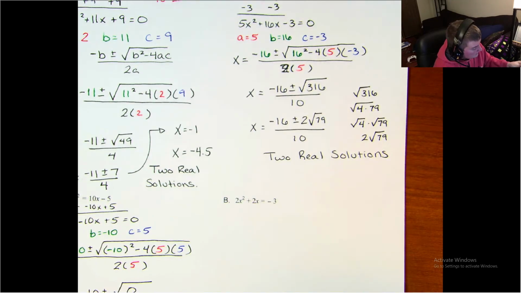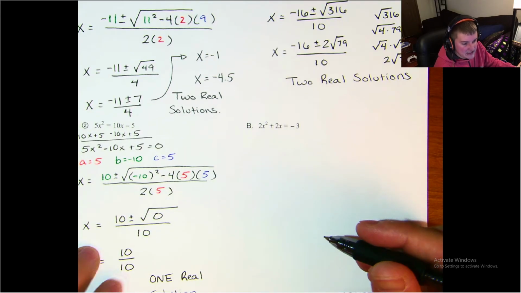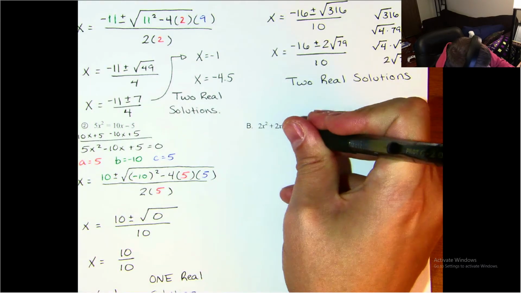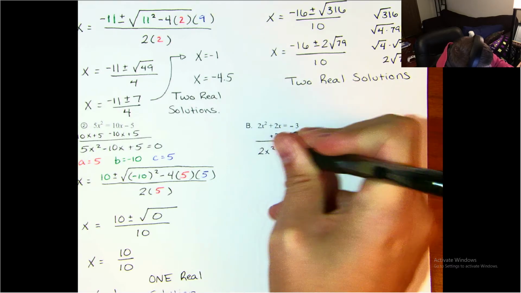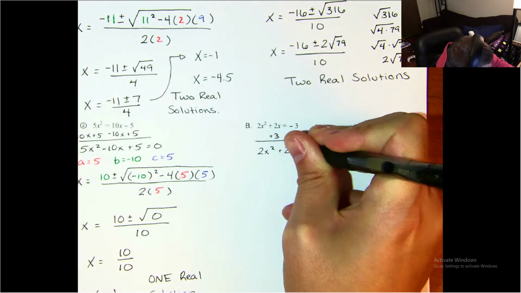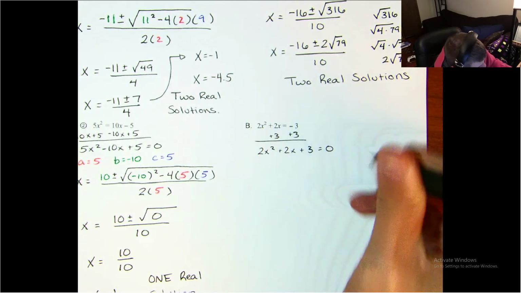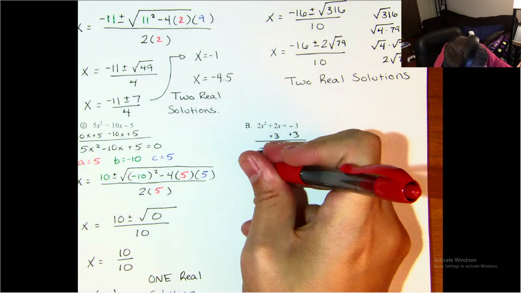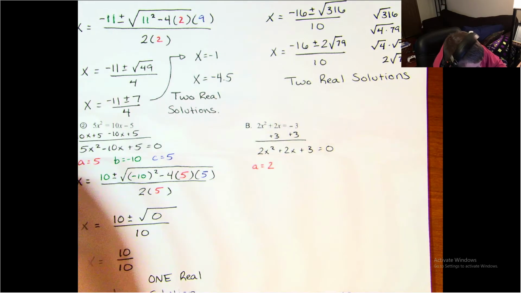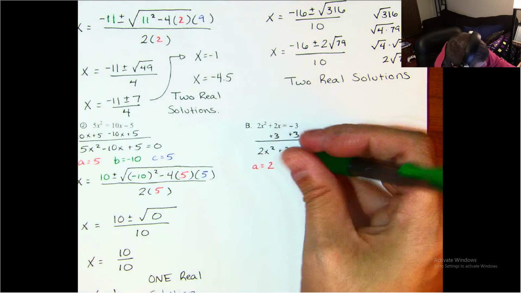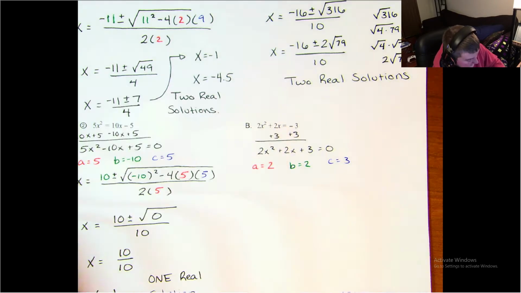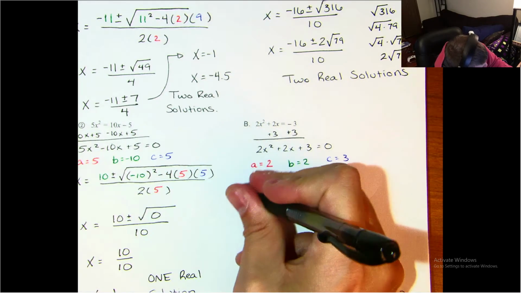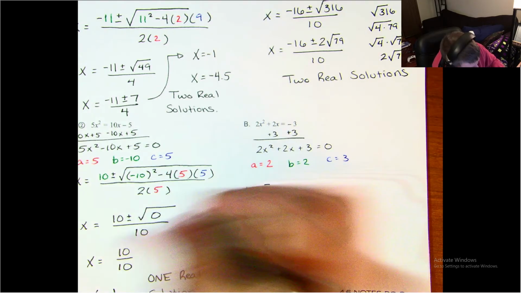Okay, B, the process is the same, so we're just going to start by adding 3. We're going to get 2x squared plus 2x plus 3 is equal to 0. So a is equal to 2, b is also equal to 2, and c is equal to 3. Okay, and so then we're going to get x is equal to the opposite of b, so that's negative 2.